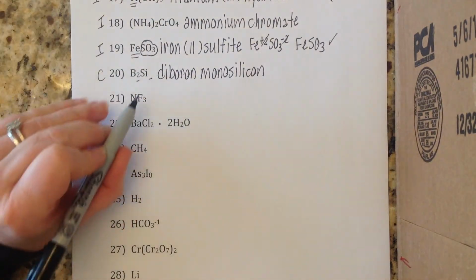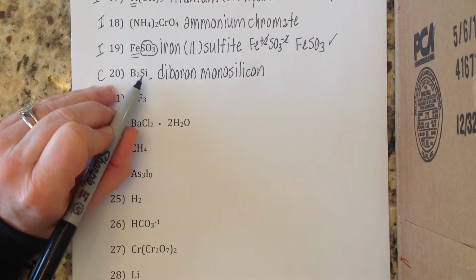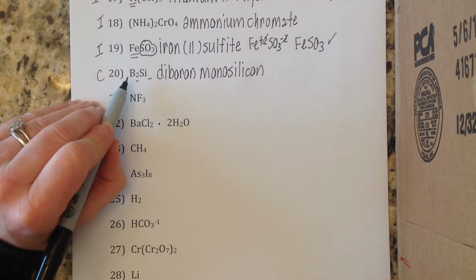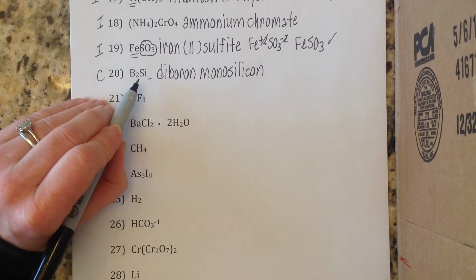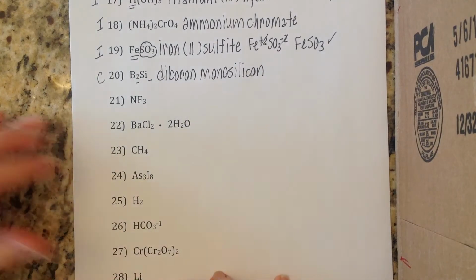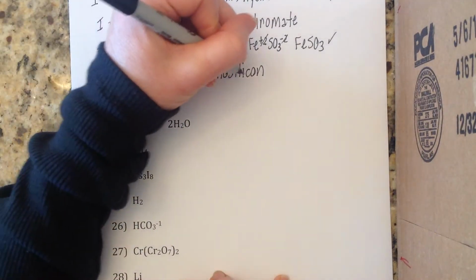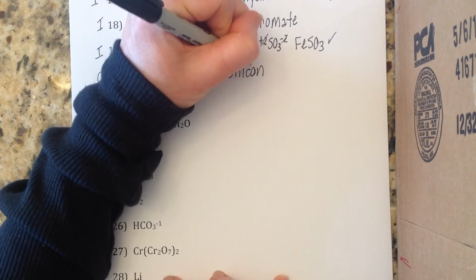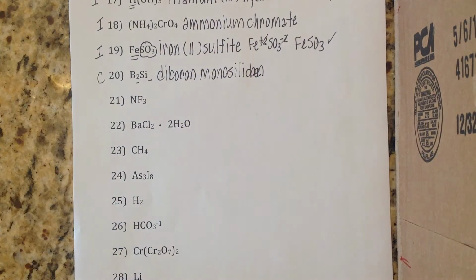We do use mono if there's only one of the second atom that's listed. So diboron monosilicon. Actually, that changes to -ide. S-I-L-I-D-E. That looks really odd.